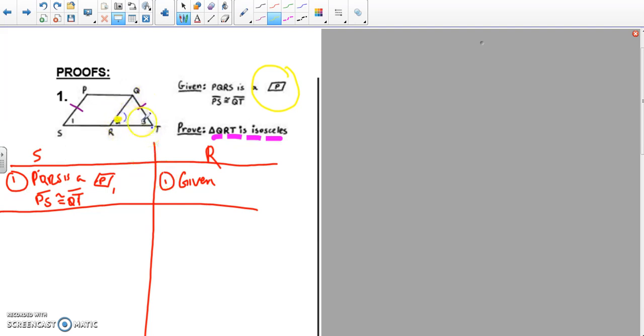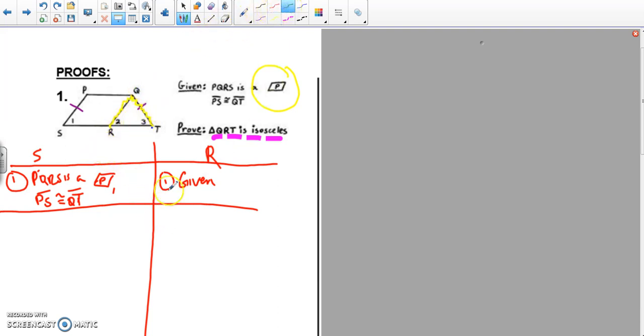So we can look for angle 2 and angle 3 being congruent, or we can try to prove that these two sides are congruent. Hopefully what we're starting to realize is that they actually gave us a little bit of information about this side. They told us that QT was congruent to something. So that's a good hint that we can maybe get these two sides to be congruent, and that would make our triangle isosceles. Since we already know one of those sides, we might as well try this other one.